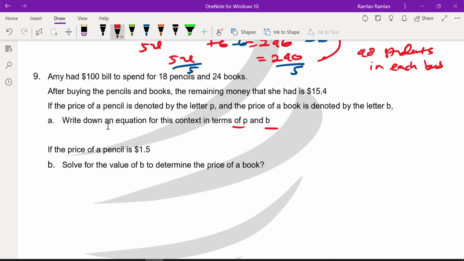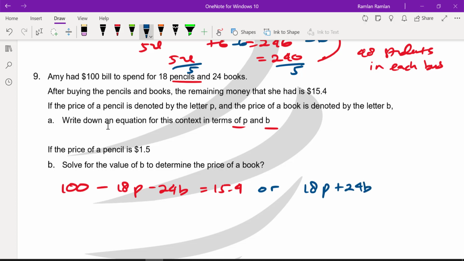The first equation that you can write down is: 100, that money, if I spend it on 18 pencils and 24 books, I will get 15.4 as the remaining money. This is the first one. Or you can write it down like this: if I add the cost of 18 pencils with the 24 books with the remaining money that I have, I will get 100.